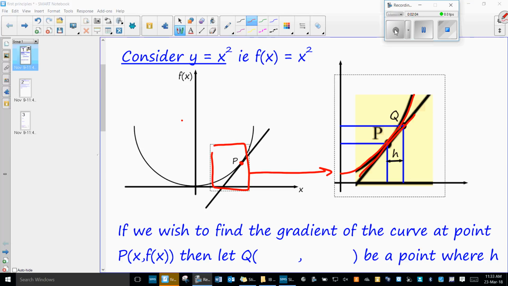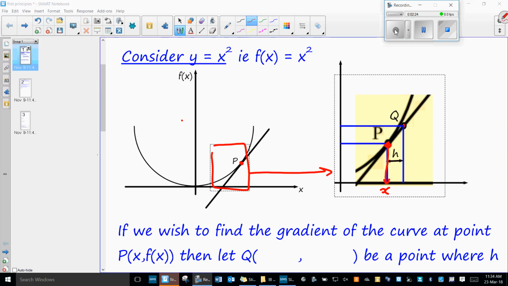This point P has this value of x. This point Q, remembering that we've zoomed in quite a lot, is really, really close to it. It's what we're going to call h units apart from it.